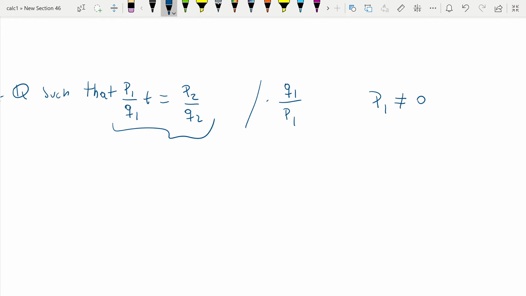And A is equal to 0 if and only if P1 is equal to 0.